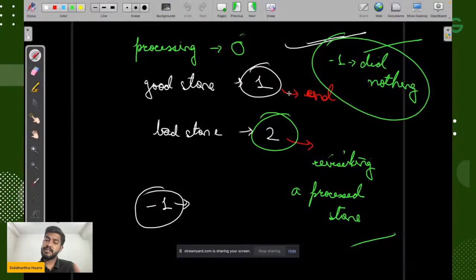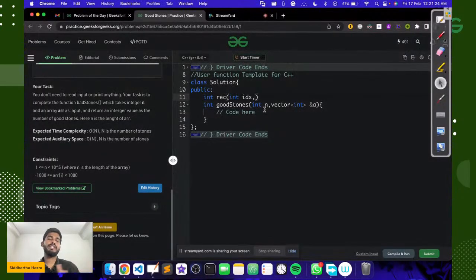If we have reached the end, it is a good stone. If we are revisiting a visited node, it is 2. If we are moving forward, we assign it 0. And if it is -1, that means it has not been decided. So the rest can be copied from here, because we just need to see what the current values are. That is why we need this.